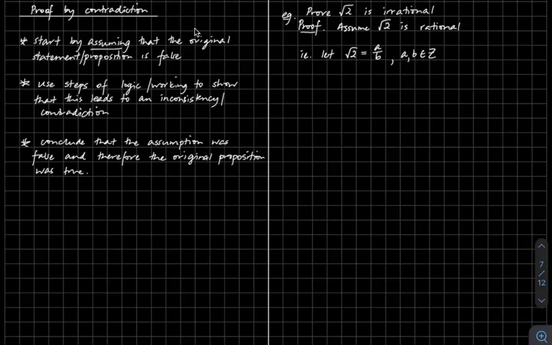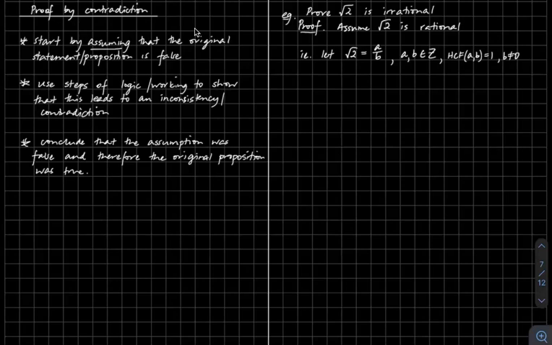It must also be in simplest form, so the highest common factor of a and b would be 1. That's just a way of saying a and b share no common factors other than 1. And the integer b can't be equal to 0, because then it would be undefined.